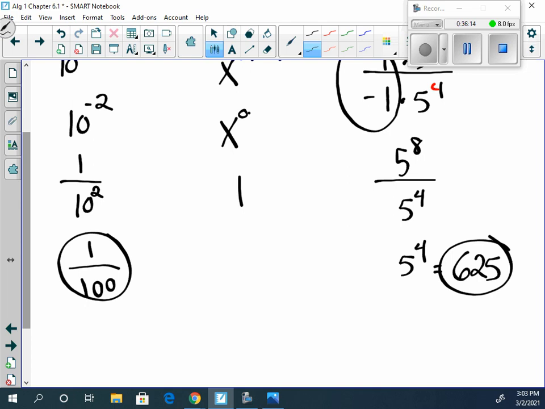It would just be 625. Right, we didn't have to move it. It's over 1, but we don't have to state division of 1 if the 1's on bottom. It's understood.